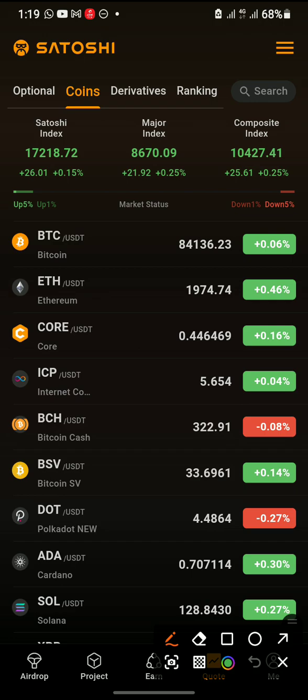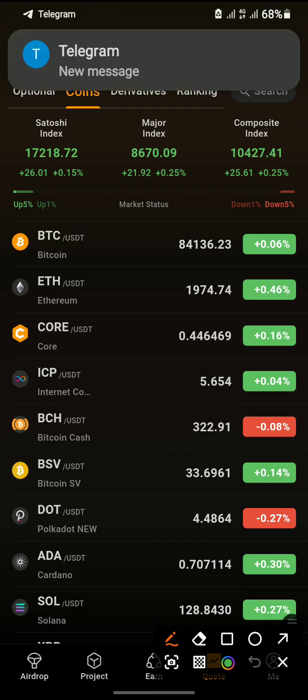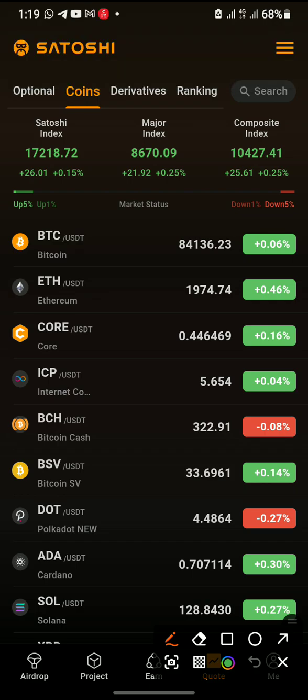Check, for instance, this is Bitcoin value. It's $84,136. Remember, few months ago, Bitcoin was around 90-something thousand dollars, and at the same time it was 100-something thousand dollars.